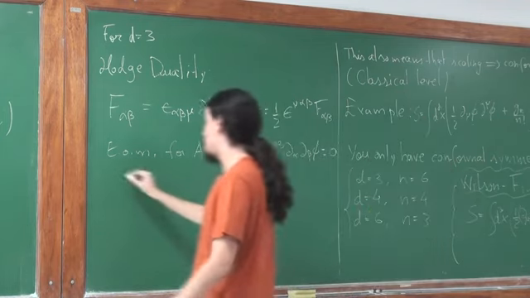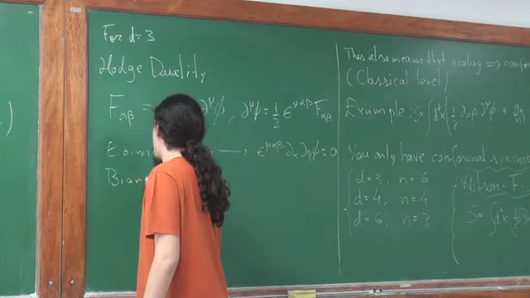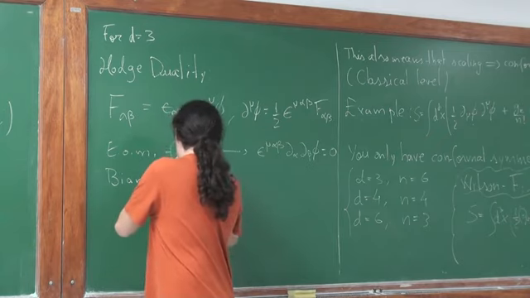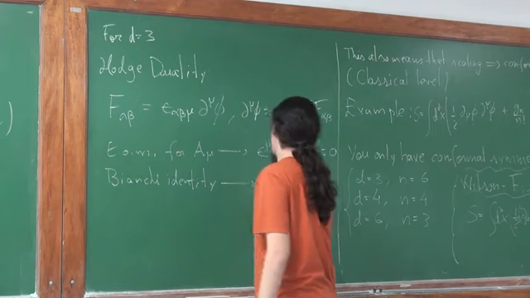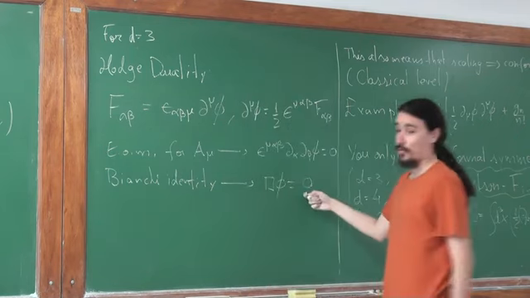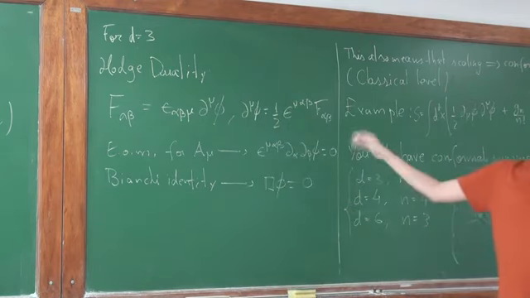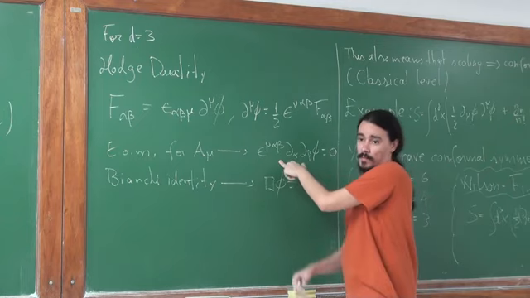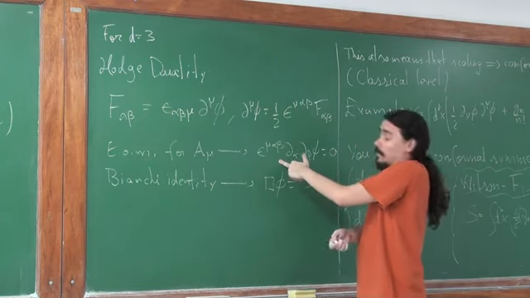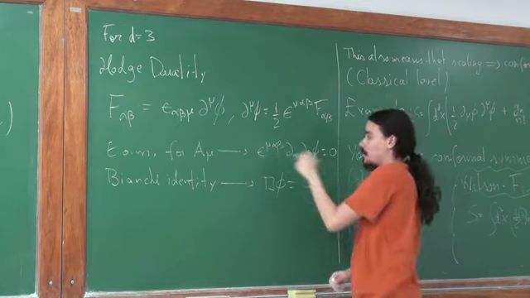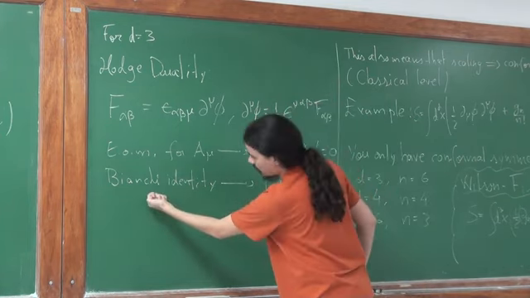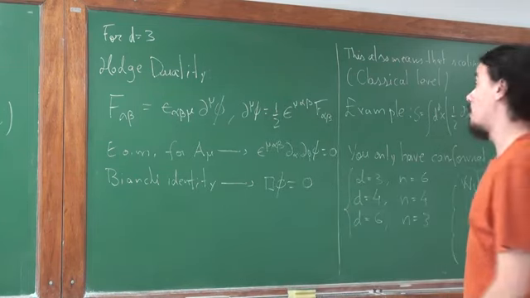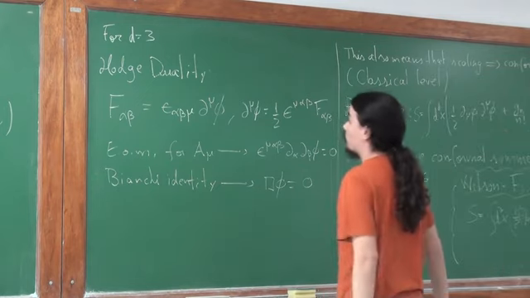And the Bianchi identity becomes the equation of motion for the scalar. This is pretty common in dualities: the dynamical information becomes an identity. In this case, a topological identity, it doesn't depend on the metric, and the topological identity on the other side becomes the dynamical information. This is a pretty common pattern in dualities in general.